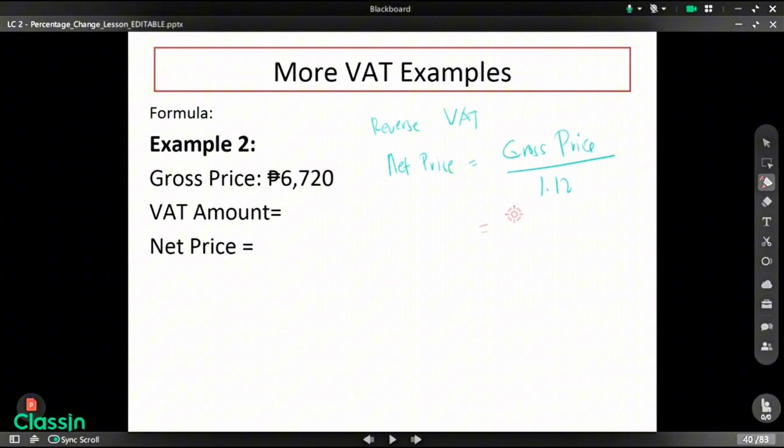The gross price is 6,720 all over 1.12, and the answer is 6,000 pesos.